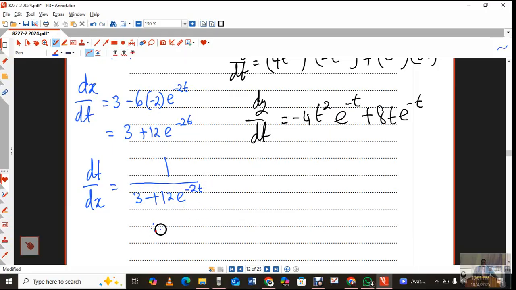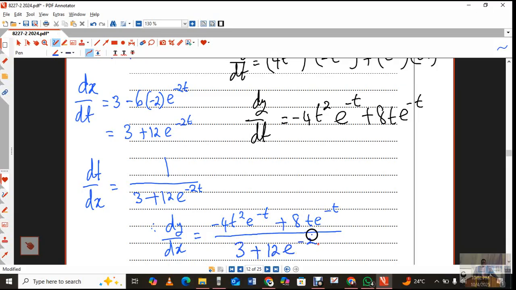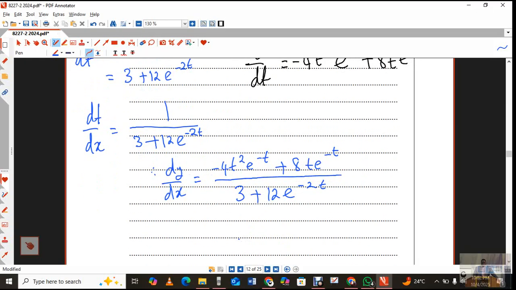Right, therefore, dy dx is going to be all of this, which is negative 4t squared e to the minus t, plus 8t e to the minus t, all over, because we're multiplying them, 3 plus 12e to the minus 2t. That is dy dx, right?